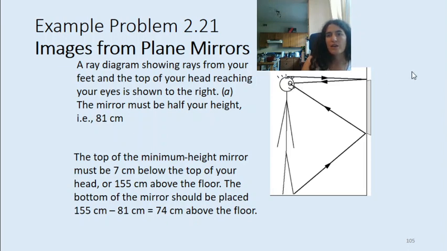So these would be the virtual light rays that extend behind the mirror. And that would be what the eyeball interprets to be happening to the light. So the eyeball interprets that light is traveling in a straight line from the bottom of the feet of the person to the eye, to the top of the head of the person to the eye, right? But what's really happening is that light is bouncing off of the person and then coming back to the eye.